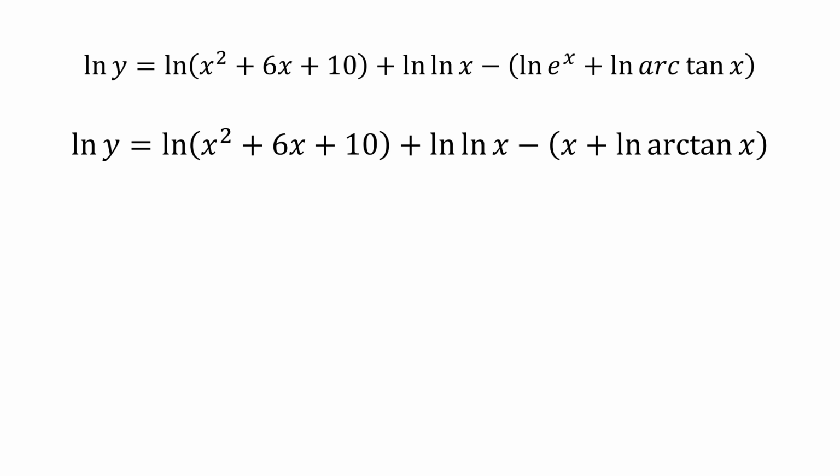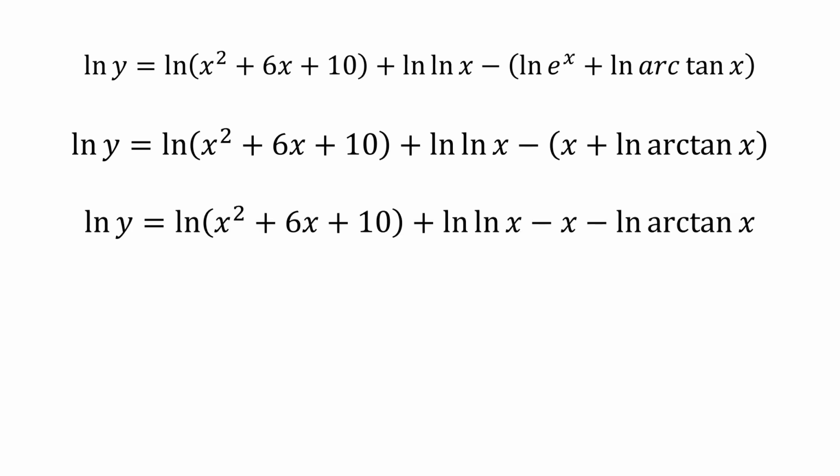We now distribute the minus sign, giving us ln y equals ln of (x squared plus 6x plus 10) plus ln of ln x minus x minus ln of arctangent of x.